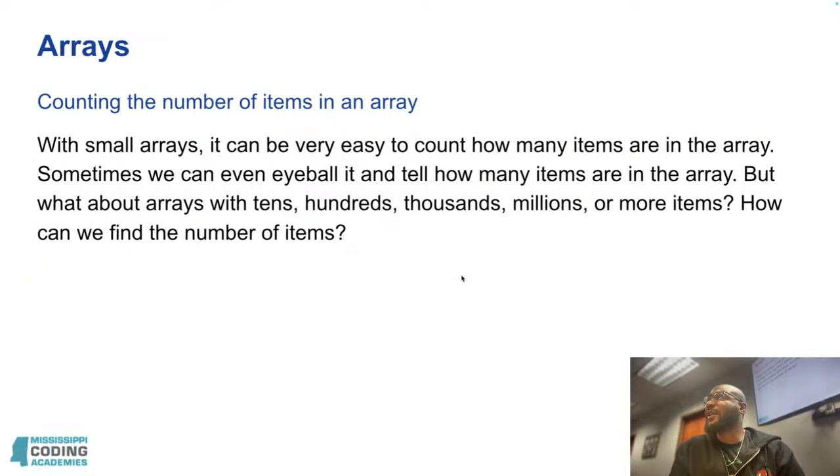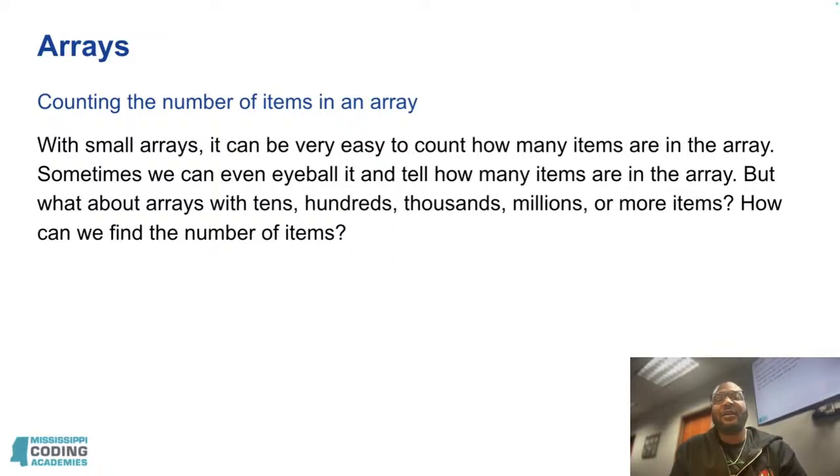So let's talk about this here because we know with arrays, again, we can store multiple items, and we also understand that with arrays we have the index value, right? So we can access an item from the array using the index value, and we know it starts at 0 and it goes all the way to however many items we have in the array minus 1, right?